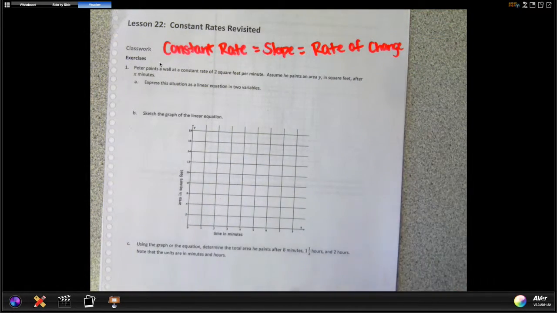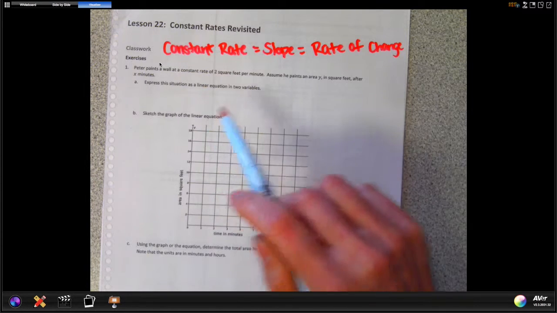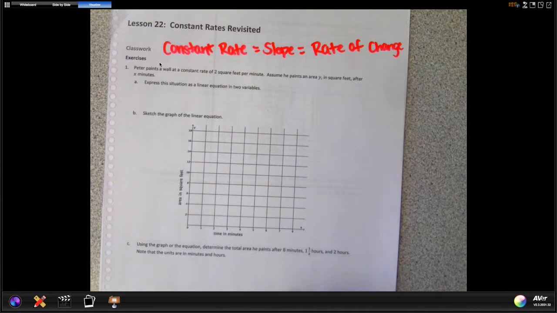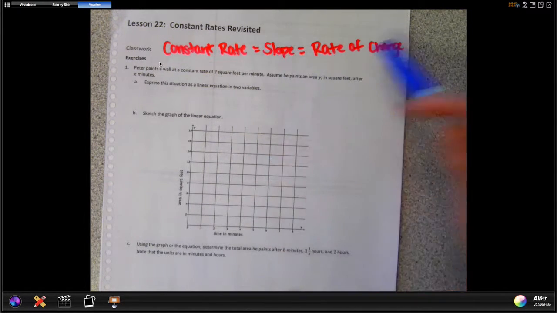They all mean the same thing. Same thing here in math. Constant rate and slope and rate of change all mean the same thing, and they interchange them quite a bit as you go through your mathematical career, and even just in this text. So that's something that we need to just kind of work on, using all of those vocabulary terms.